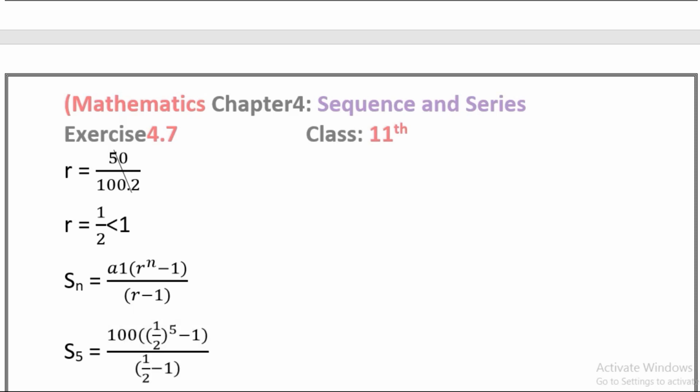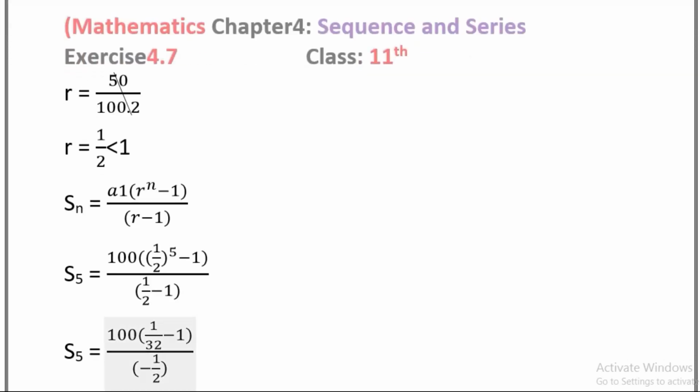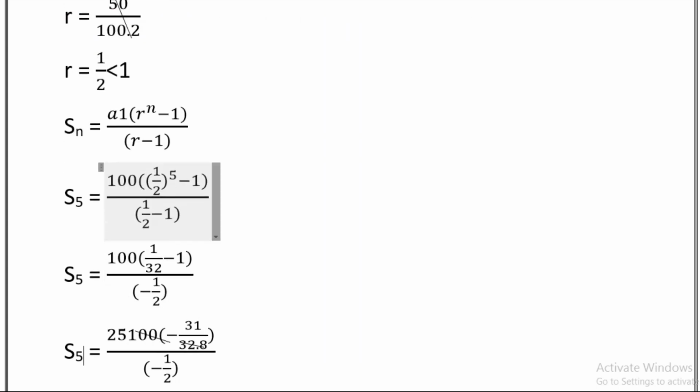So R is equal to 1 divided by 2 minus 1. So next, 100 into (1 divided by 2) power 5, which is 1 divided by 32, minus 1, divided by (1 divided by 2 minus 1), which is minus 1 divided by 2.